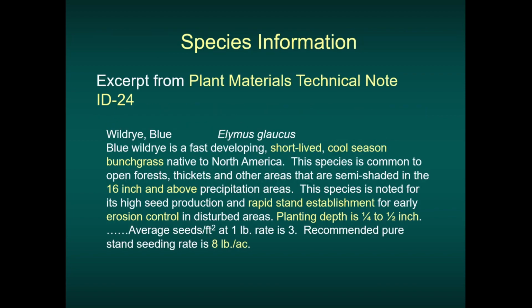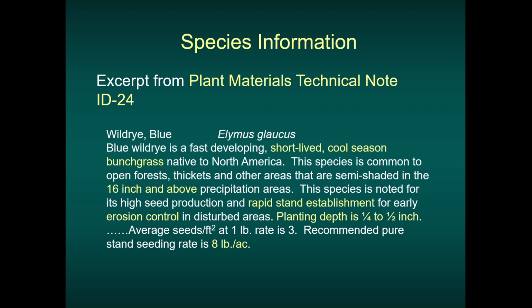So for example, in TechNote 24, this is just an excerpt about blue wildrye. You can see we've covered a lot of information here in a short amount of space. It's a fast developing, short-lived, cool season bunchgrass. It's native, common in forests, semi-shaded areas with 16 inches or above precip, good seed production, rapid stand establishment, gives you planting depth there, and seeds per pound recommended.